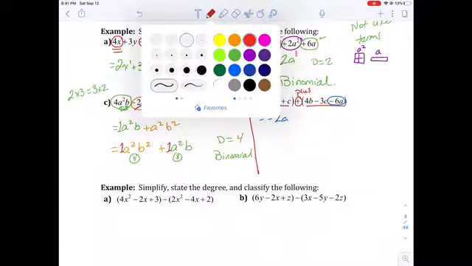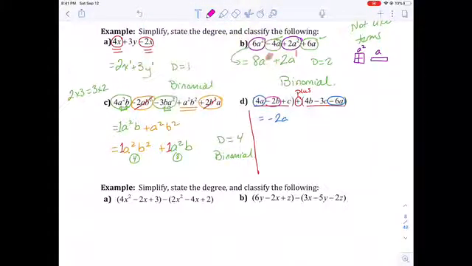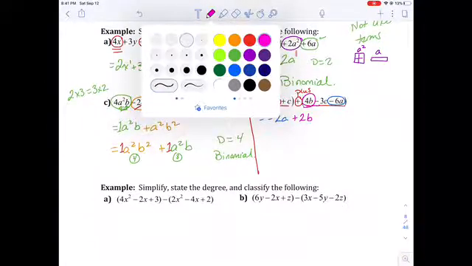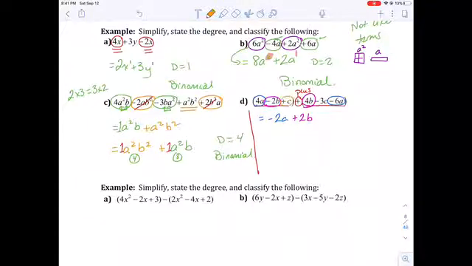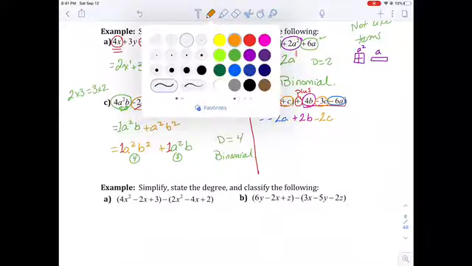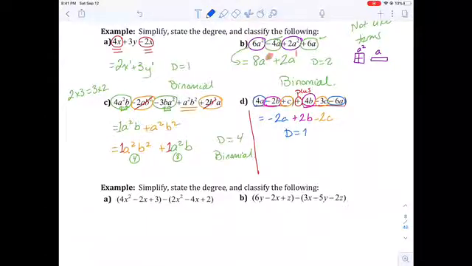Let's try pink. Negative 2b and 4b, of course, that's going to be a positive 2b, right? Negative 2 plus 4. And then positive 1c and negative 3c, that's a minus 2c. All right, so what's our degree there? Our degree there is 1, because all of these have exponents of 1, and that's a trinomial.